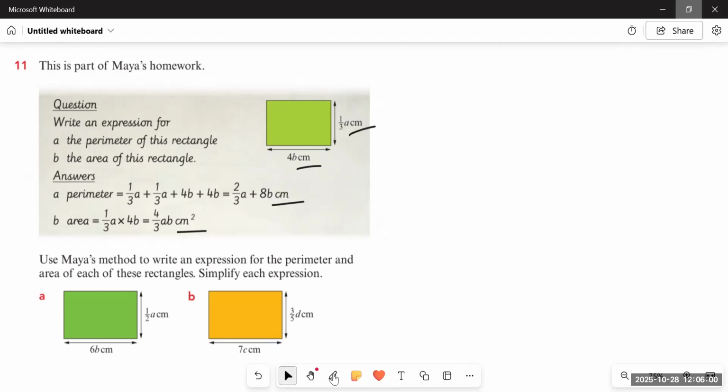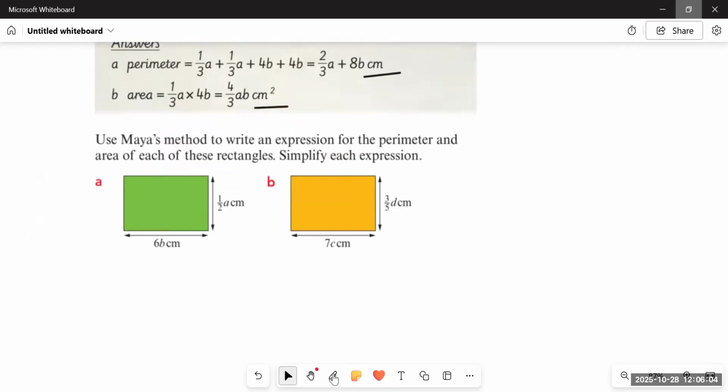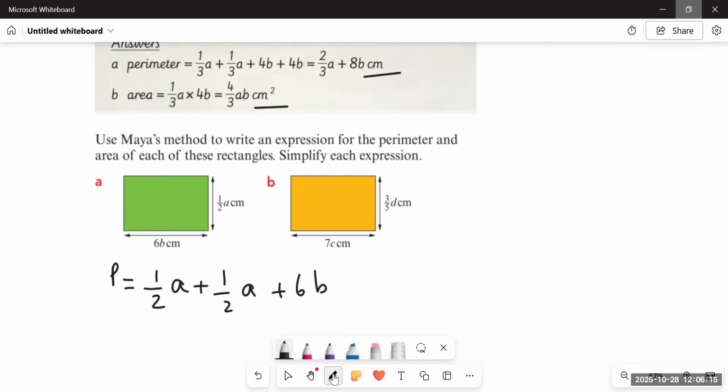We have to use Maya's method to write an expression for the perimeter and area of each of these rectangles. So according to Maya's method, perimeter is equal to 1 over 2a plus 1 over 2a plus 6b plus 6b, and half plus half means 1 whole.